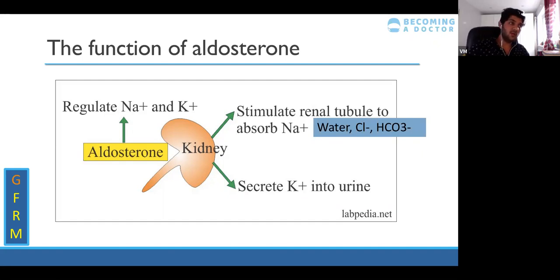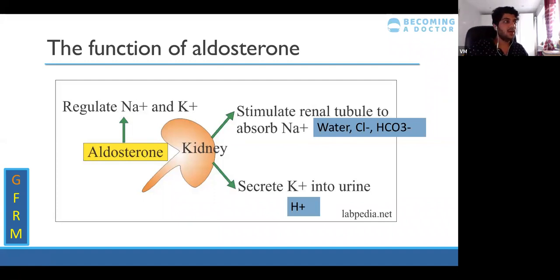And if you remember about kidney histology, there are a couple of different channels. There's the sodium potassium ATPase channel, but there's also the epithelial sodium channel, and it's those particular channels that reabsorb the sodium but also secrete potassium out of the body, and following that, protons are also leaked into the urine.